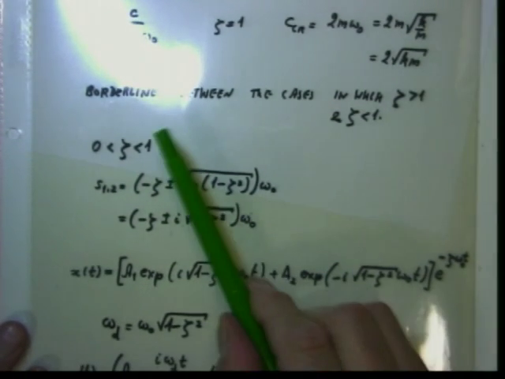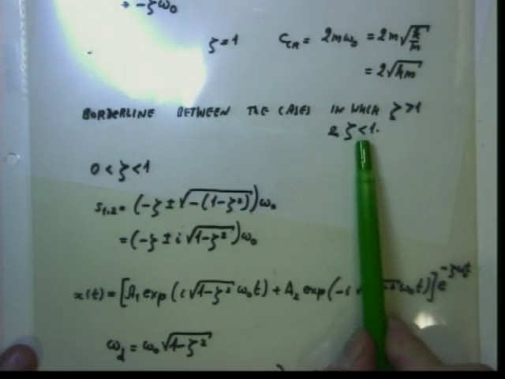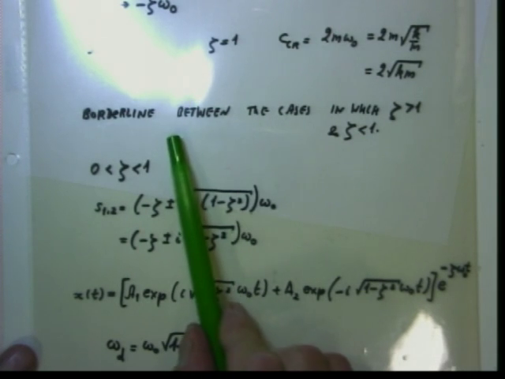Now let us consider the borderline between cases in which zeta is greater than 1 and zeta is smaller than 1. And that is underdamped. Please write down underdamped system. It is neither 0 nor 1, it's in between.